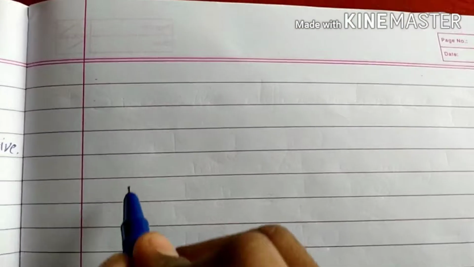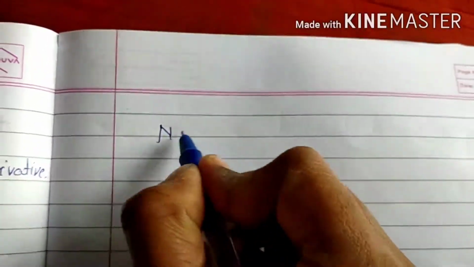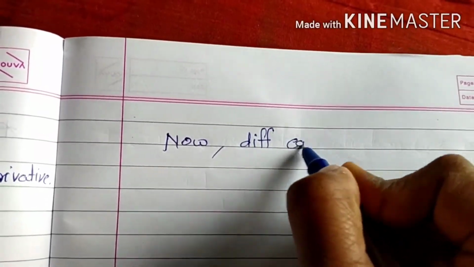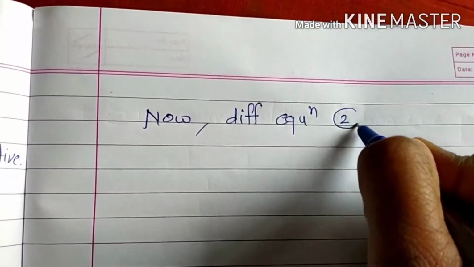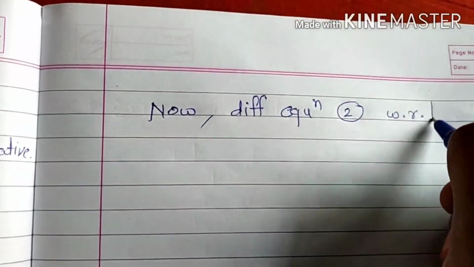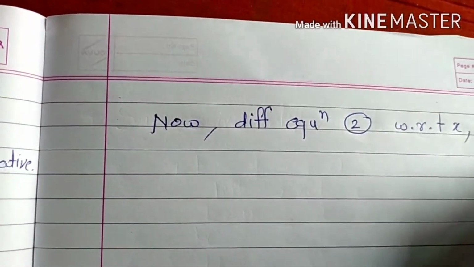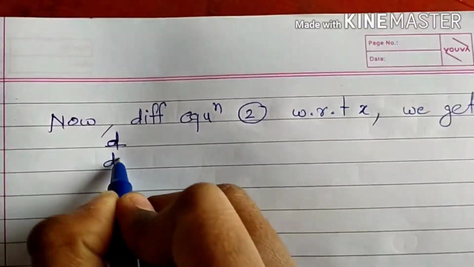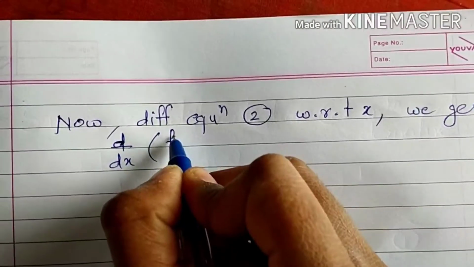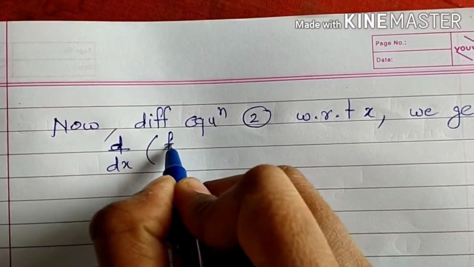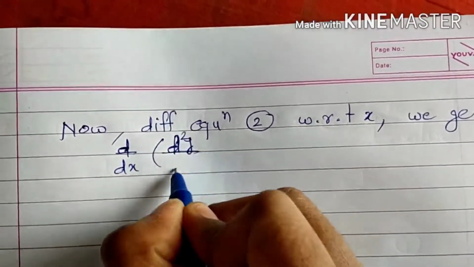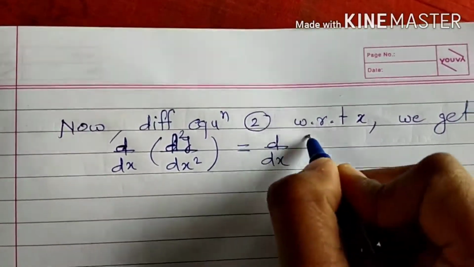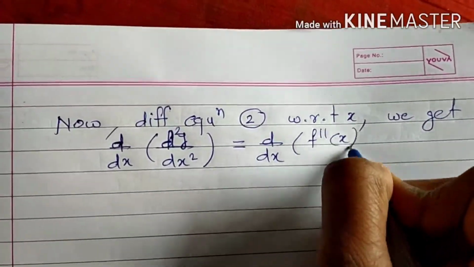Now differentiate equation 2 with respect to x. We get d by dx of d2y upon dx square is equal to d by dx of f double dash of x.